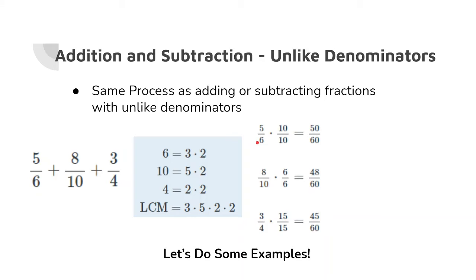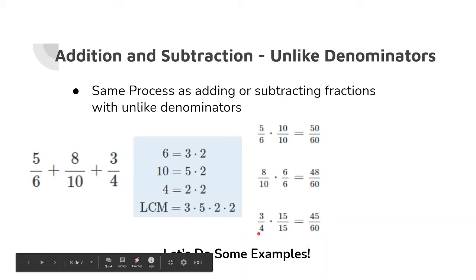So in order to get from 6 to 60, you'd have to multiply by 10. You can't just multiply the denominator by 10. You'd have to do both the top and the bottom, so both the numerator and the denominator. So you multiply by 10 there. Here it's 10 to 60, so you multiply by 6, top and bottom. Here it's 4 to 60, so you multiply by 15 and 15.